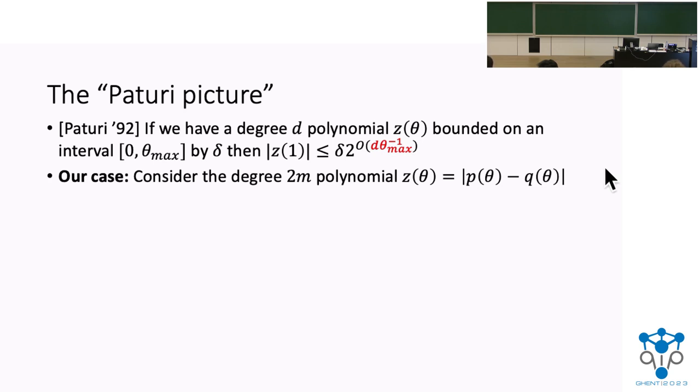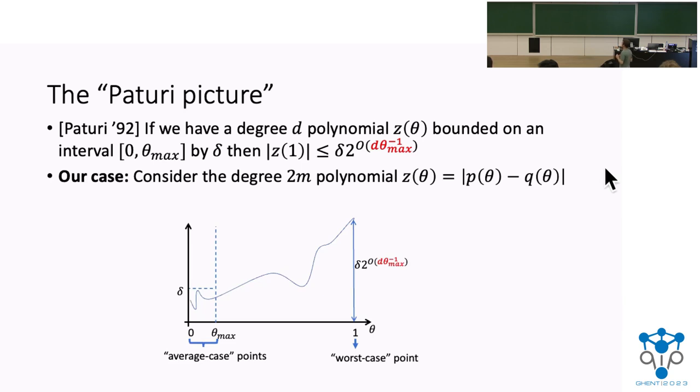We're going to consider the degree 2m polynomial, which we'll call z of theta to match the Paturi theorem, which is the difference of the ideal polynomial P and the extrapolated polynomial Q. In other words, z is the polynomial that expresses the amount of error that we're making at the circuit specified by theta. And the picture looks like this.